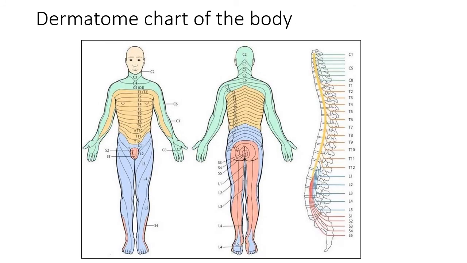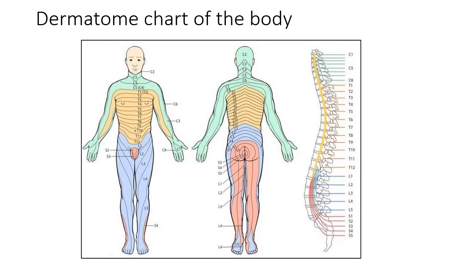So this is showing a dermatome chart of the body. And what you're seeing here is each level of the spine is actually related because there were somites surrounding each level, and from that somite it grew out to supply and grow the skin at that area. So notice that C2 is around the neck.